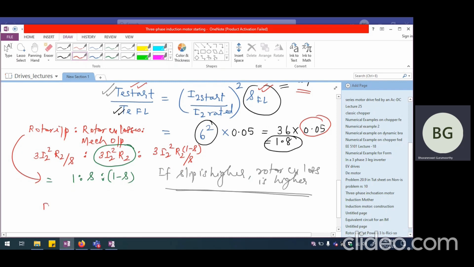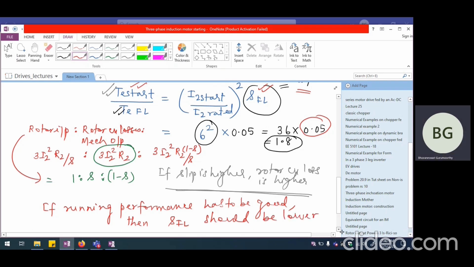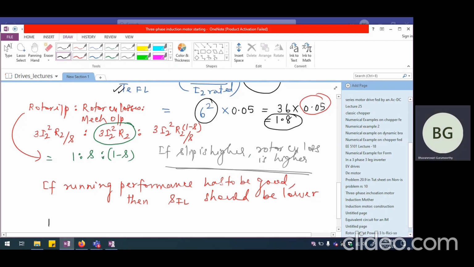So if the full load running performance has to be good for the induction motor, then the full load slip should be lower. On the other hand, if full load slip is lower, then the starting torque is lower or lesser.